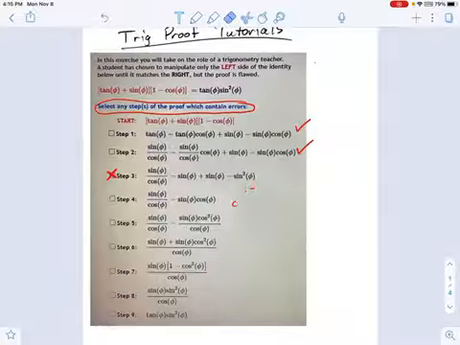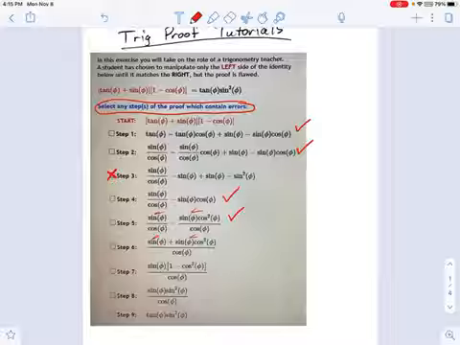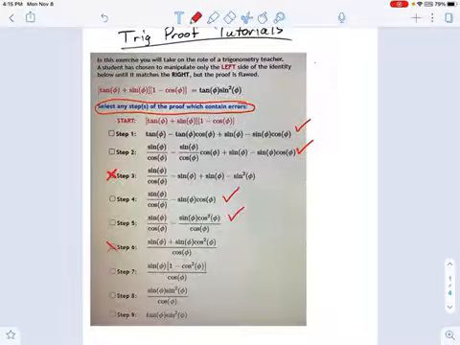Honestly, that's not only allowed, that's a good idea. So step 4 looked good, step 5 looks good. And now what? Well, as we combine these two fractions, we're adding them together. We've gone from sine minus sine cosine squared to sine plus sine cosine squared. Okay, that is maybe an innocent mistake of getting the plus and minus sign wrong. So I think step number 6 has an error in it.